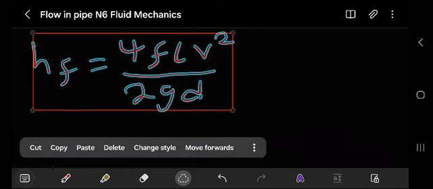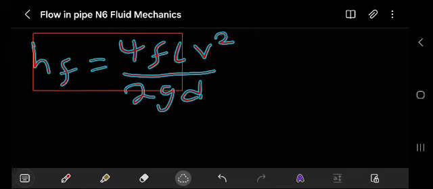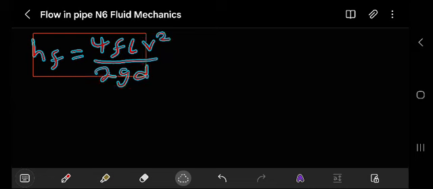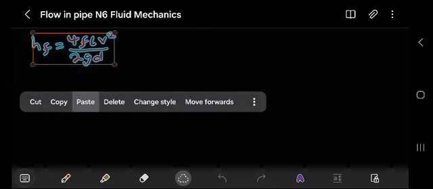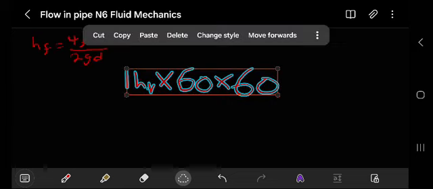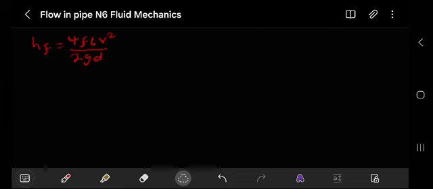This is the formula. This is the formula we will use to calculate HF, right?